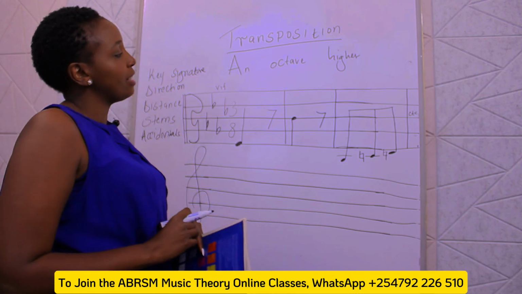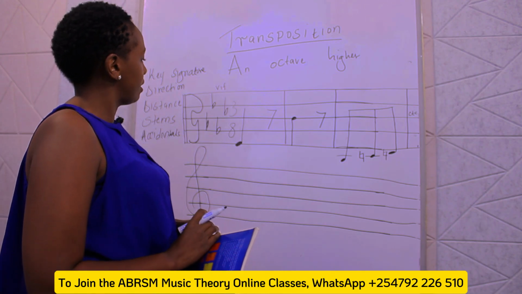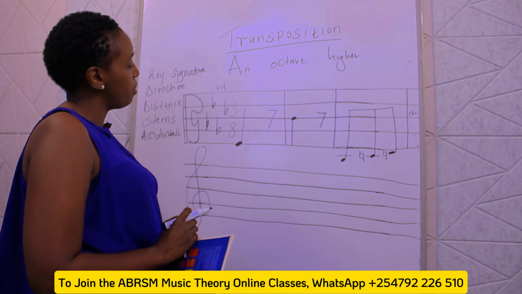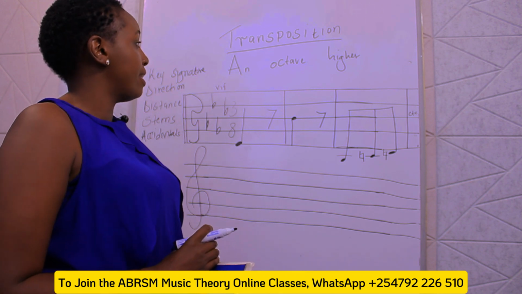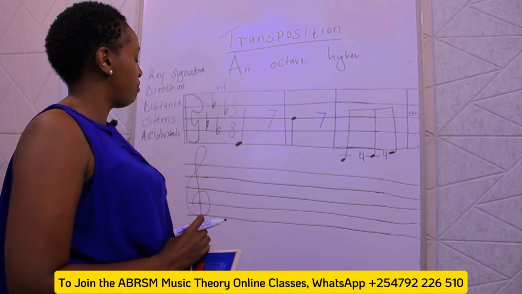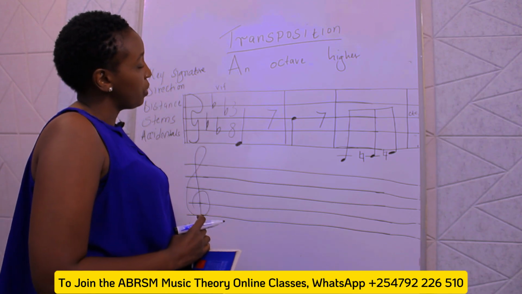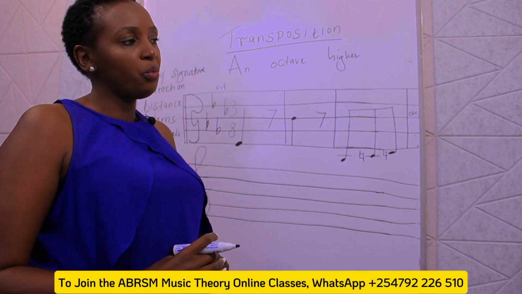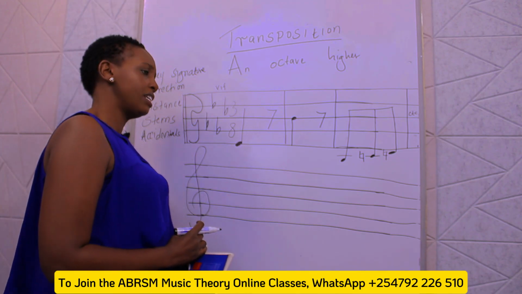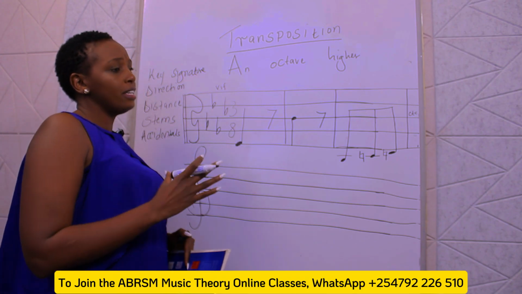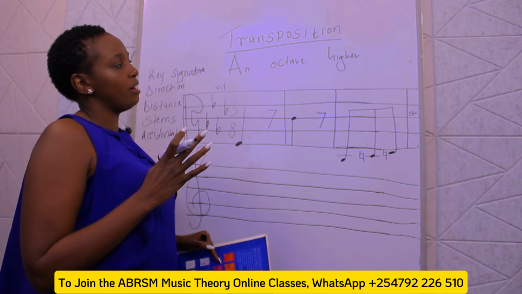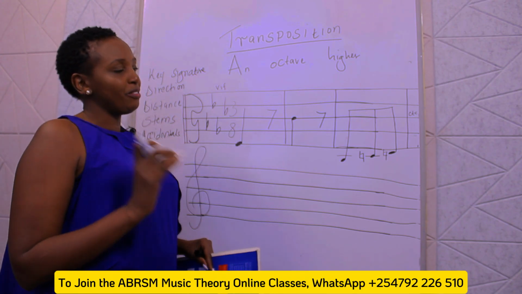Good. Let's look at this particular passage and where we are exactly transposing it from. We are doing an octave higher. So when we are doing an octave higher, we definitely know that the key signature is not going to be affected. What is an octave?